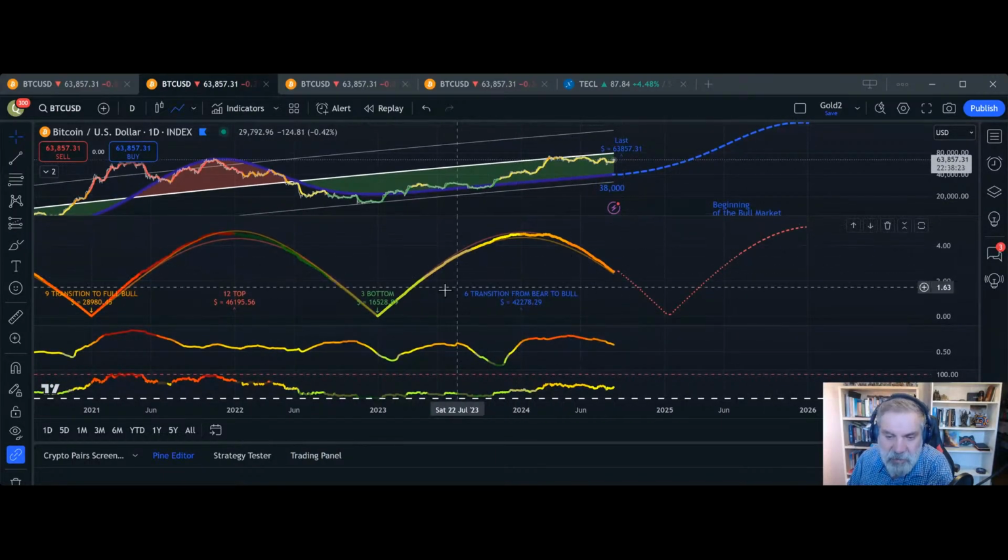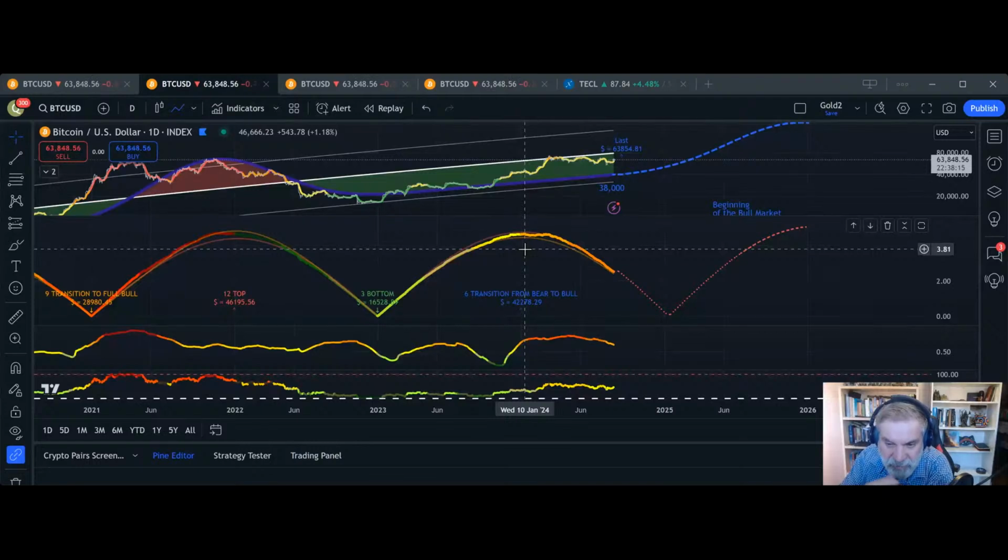Now, this indicator here is more about the timing of things. It's basically a sine wave version of a clock that maybe you have seen me posting on my website. It's based on this idea from the Rational Root, where he draws Bitcoin in a circular pattern.